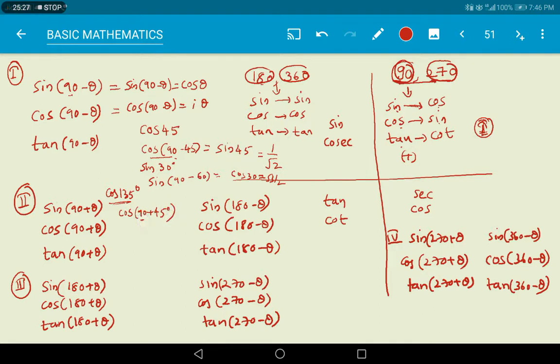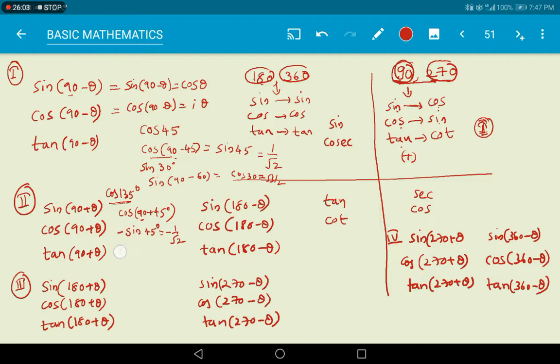So 9 is an odd number, so the function is going to be changed, it becomes sine. And 90 plus 45 is in which quadrant? It is in the second quadrant. In the second quadrant the cos function is negative, that means cos of 90 plus 45 becomes minus sine of 45, therefore minus 1 by root 2.